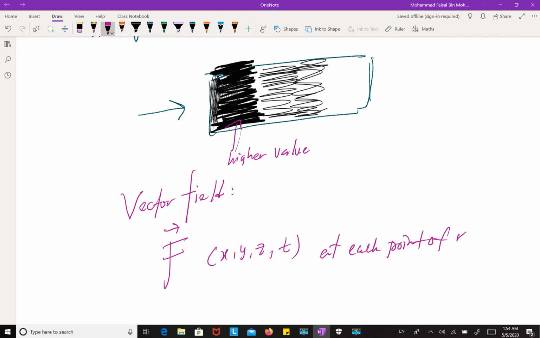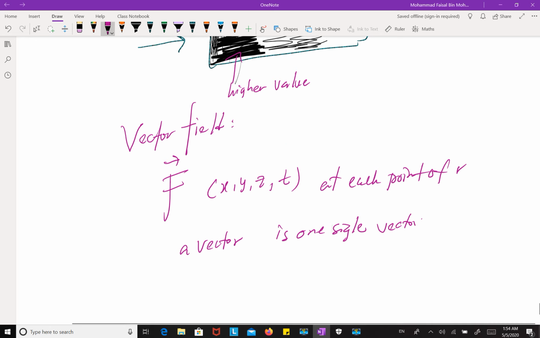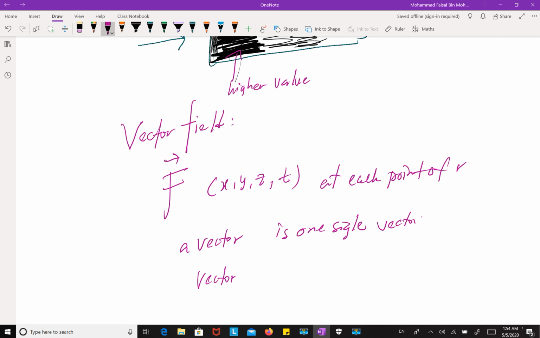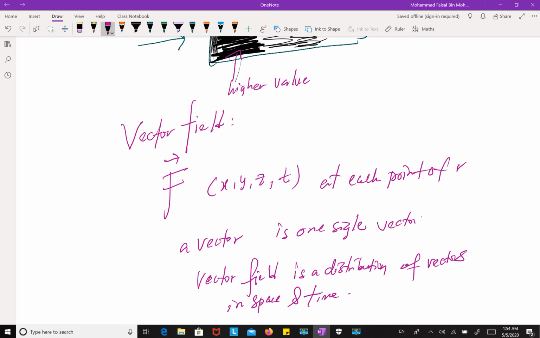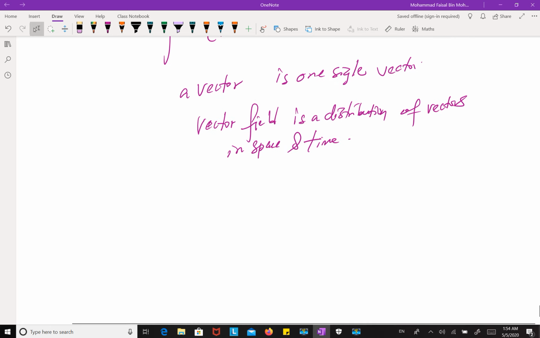A vector field is a distribution of vectors in space and time. So scalar and vector fields.